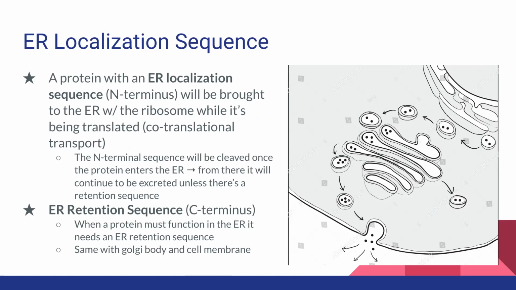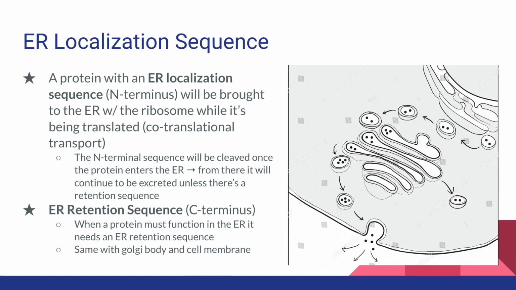I think in general, if it has an N-terminus sequence to go into the endomembrane system and it's not cleaved off, those proteins are going to be retrotranslocated, they're going to leave the ER. I'm sorry, I don't remember that detail, but that's a good question to write down and ask Dr. Francis.